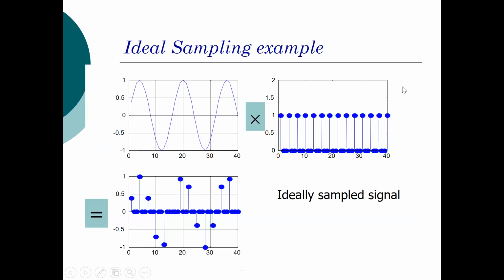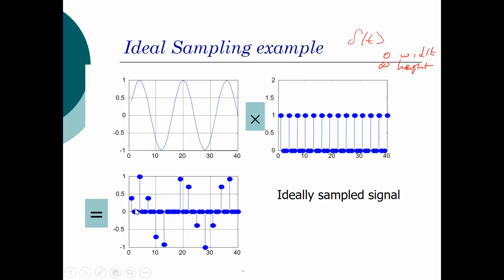So ideally, an ideal sampled signal, of course, ideal means that you take the continuous time signal and multiply it by an ideal sampling train. And remember what the ideal sampling train is in time: delta of t is 0 width with an infinite height. Okay?